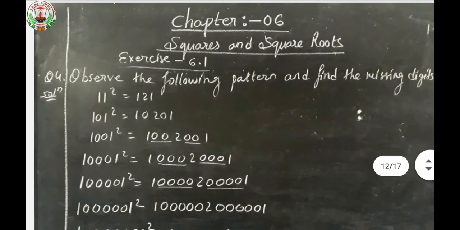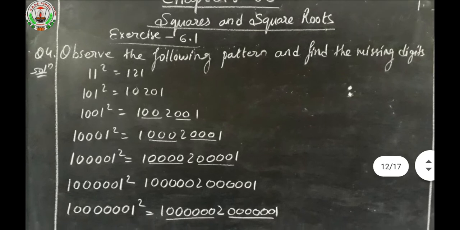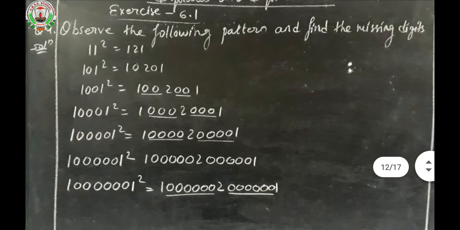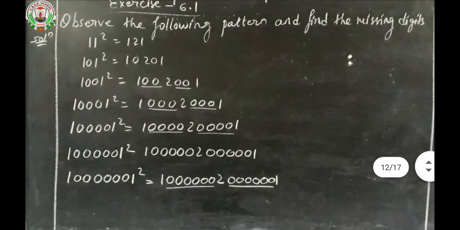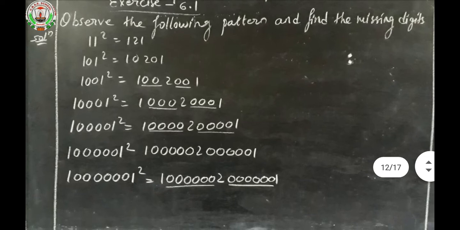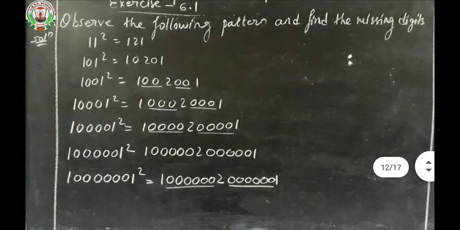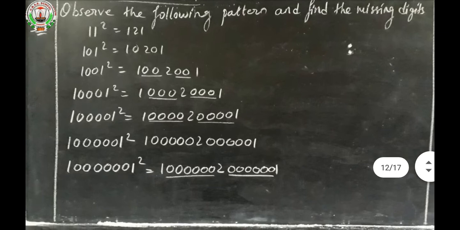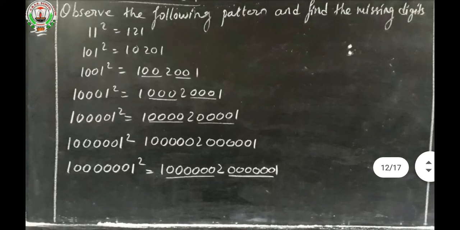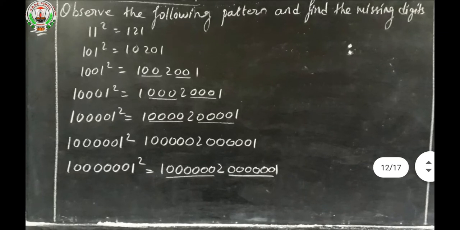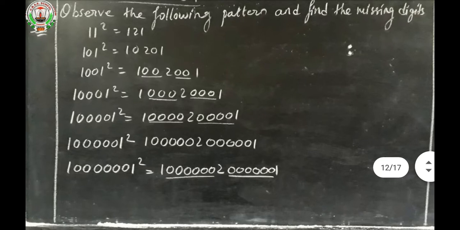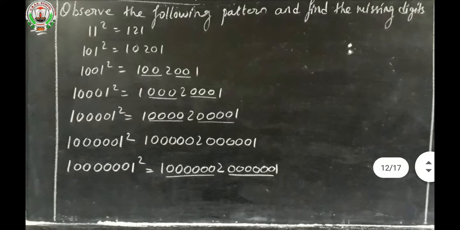Then the next question number 4. What the question number 4 says is to observe the following pattern and find the missing digit. So here we are going to talk about the missing digit. So 11 square, that means 11 into 11, that will be 121.